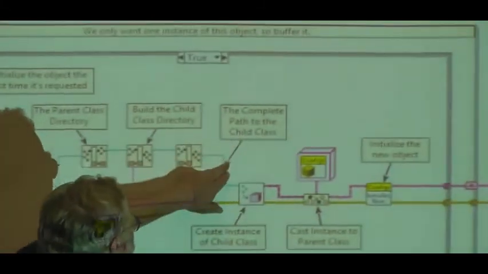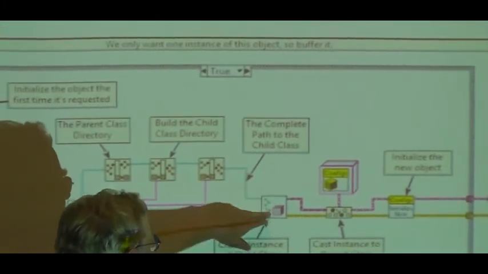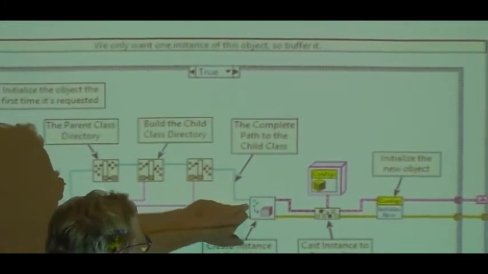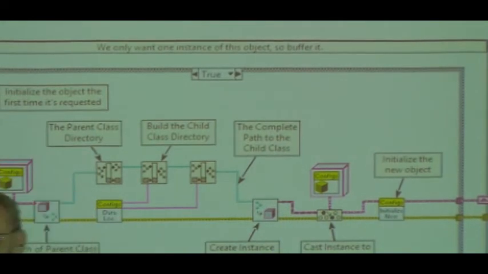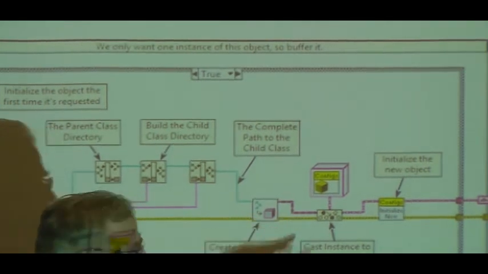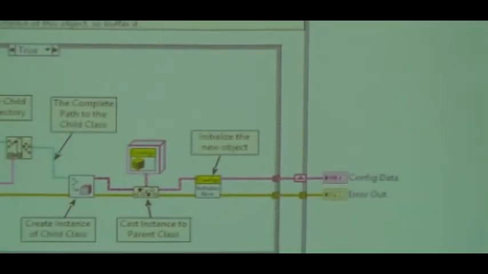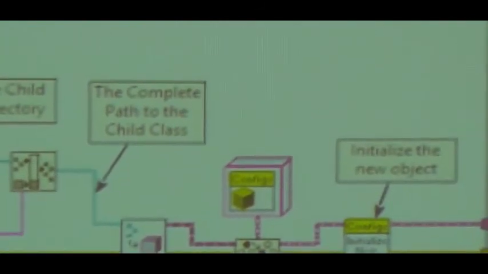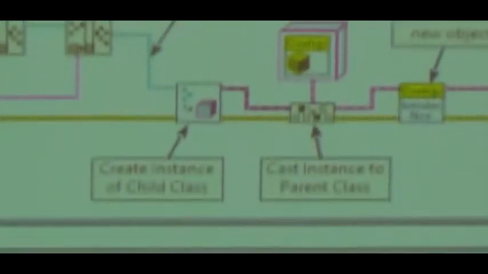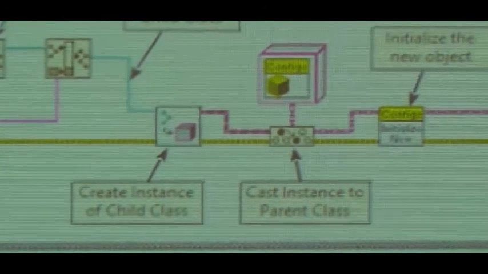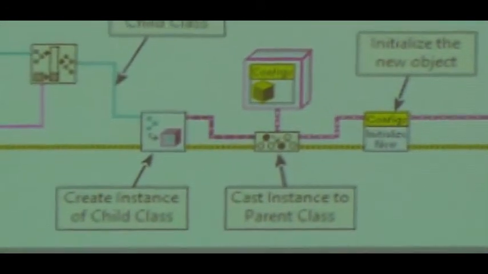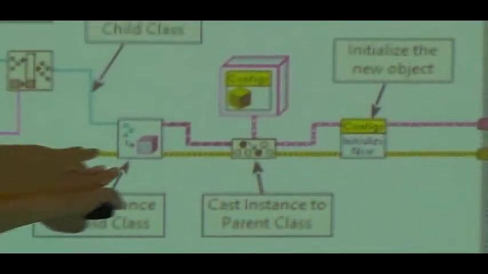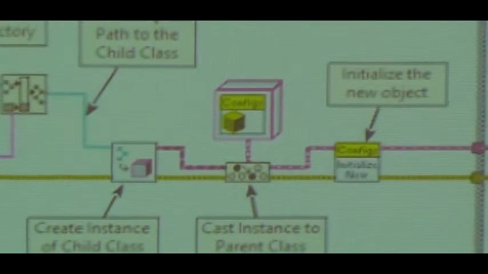So I put together a path. I have a completed path to the child class here. This function here opens this class and creates that child class. But you notice this funny sort of purple wire here? In LabVIEW, every class that you create, if you follow up the hierarchy far enough, is a child of a class called LabVIEW Object. And that's what a LabVIEW Object class wire looks like. Okay?